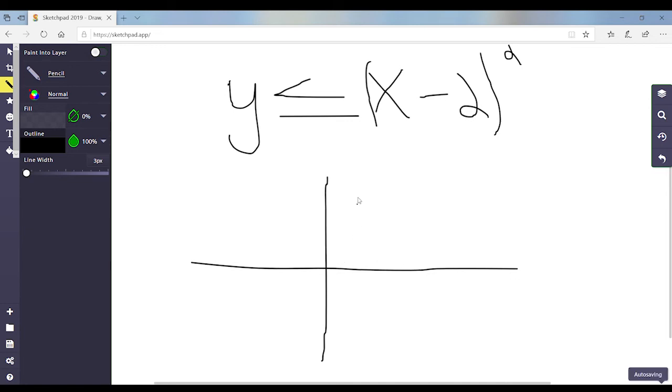Okay, so let's start at 0. 0 minus 2 is negative 2. Okay, negative 2 squared is going to be positive 4. So we have positive 4. Now if we go to 1, 1 minus 2, negative 1 squared will get you 1. And then 2, it'll be 0 squared, which is 0.